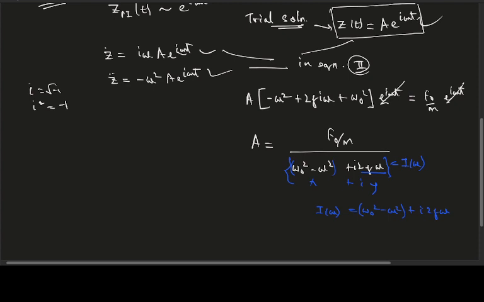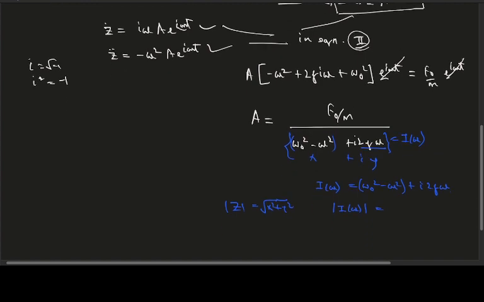So from here we can say that mod of I of omega, just like how you know mod of z is root under x square plus y square, similarly mod of I of omega is root under omega naught square minus omega square whole square plus 4 gamma square omega square.